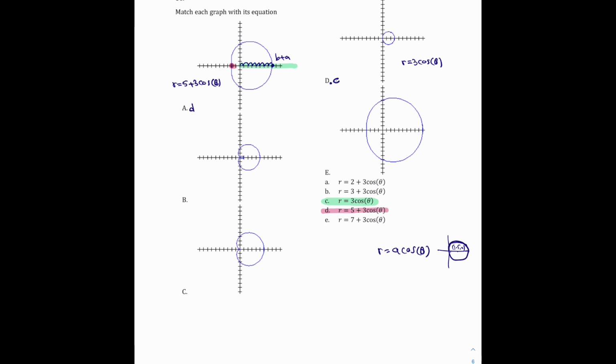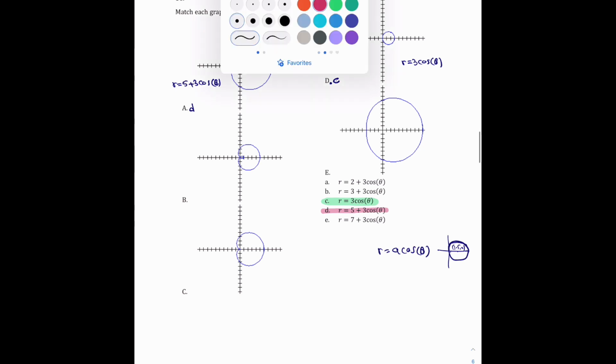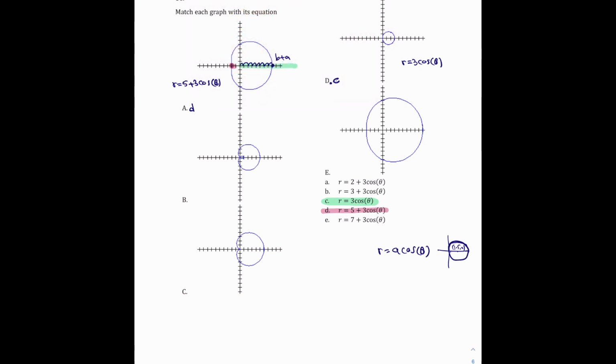Graph B is a one-looped limaçon, which means a is less than b. So immediately my attention came to equation number A, this equation right here. First of all, a plus b is 5, and I have 1, 2, 3, 4, 5, which is this point.